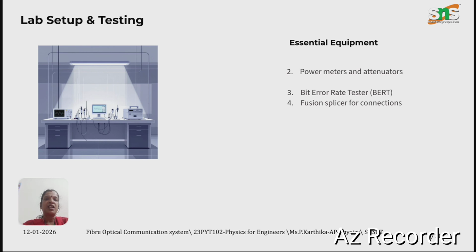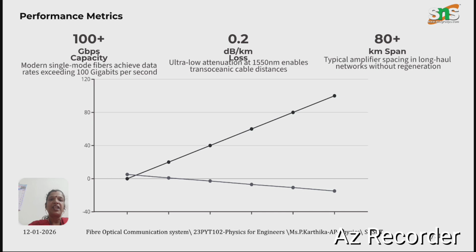Here we can see the lab setup and testing. The essential equipment is fiber, power meters, attenuators, bit error rate testers and a fusion splicer for connections. Now the performance metrics. For capacity, modern single mode fibers achieve data rates exceeding 100 gigabits per second.